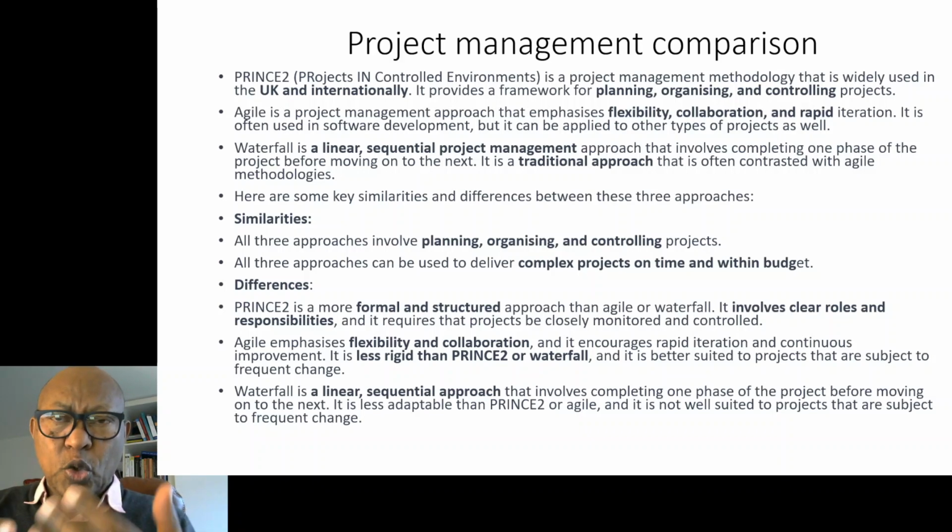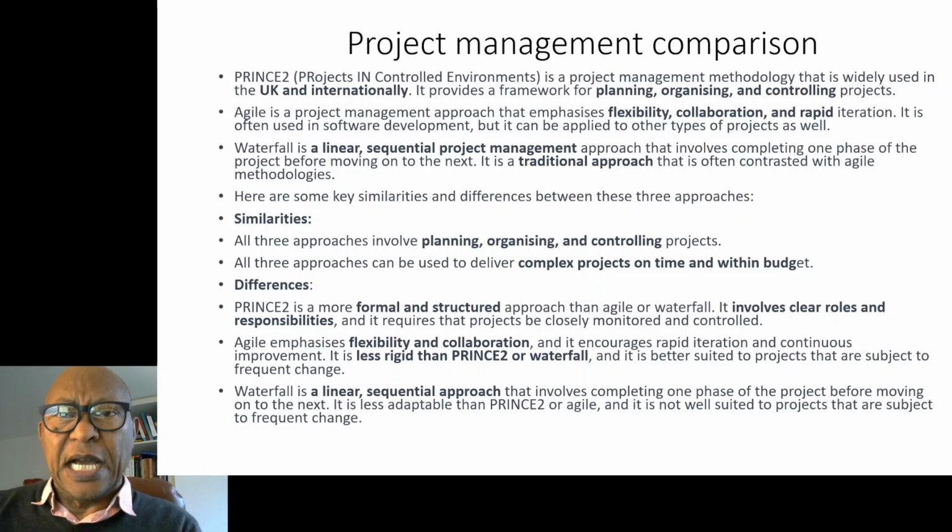After users look at the product, they suggest what needs to be changed, how it can be improved, or what other facilities need to be included. These suggestions are accommodated by the teams. So Prince 2 is much more flexible and collaborative.